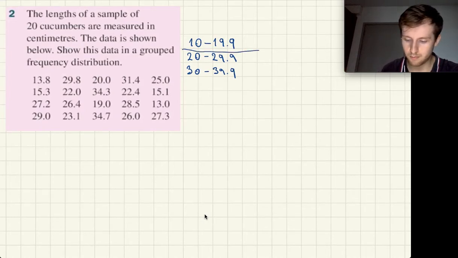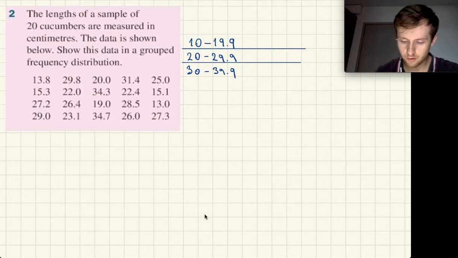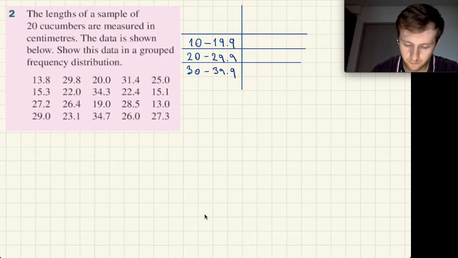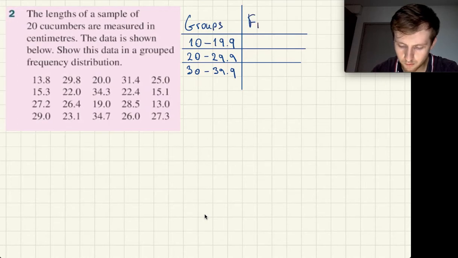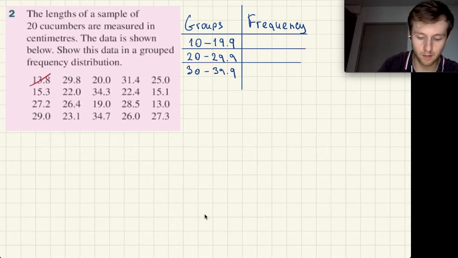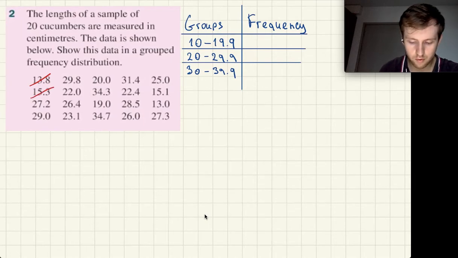Okay, let's make a table. So these are our groups, and here we're going to have a frequency. So groups and frequency. From 10 to 19.9, let's start crossing them. We have 1, 2, 3, 4, 5.